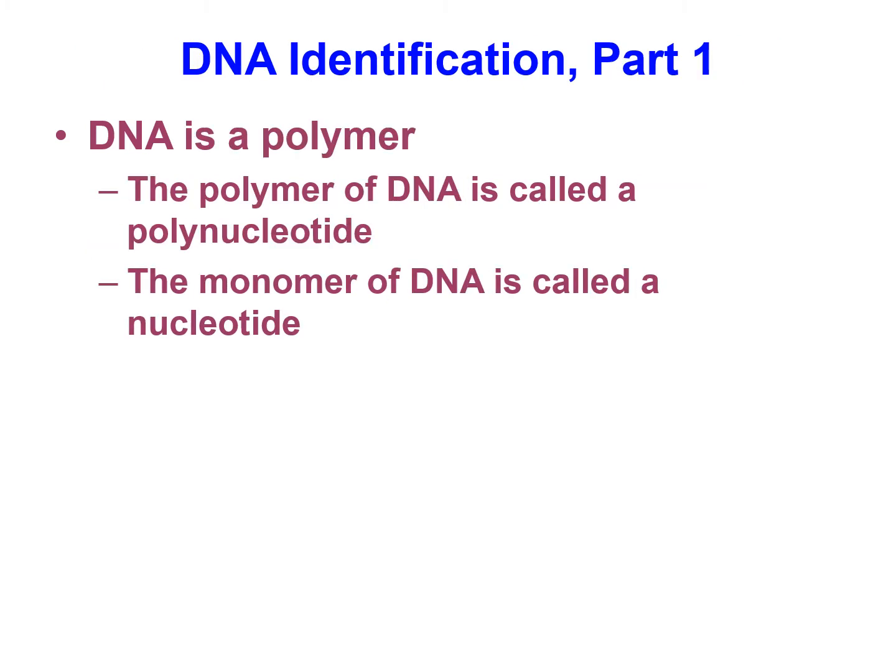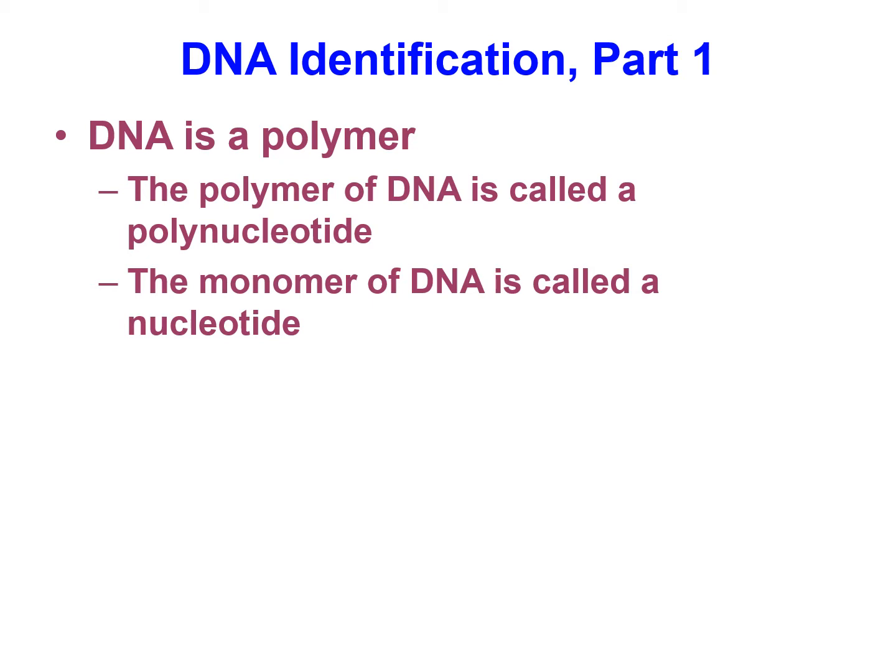So let's start working through the identification of DNA and then of RNA. I've split up the identification into several slides, so we'll build up your ability to identify all of those items of DNA and RNA.